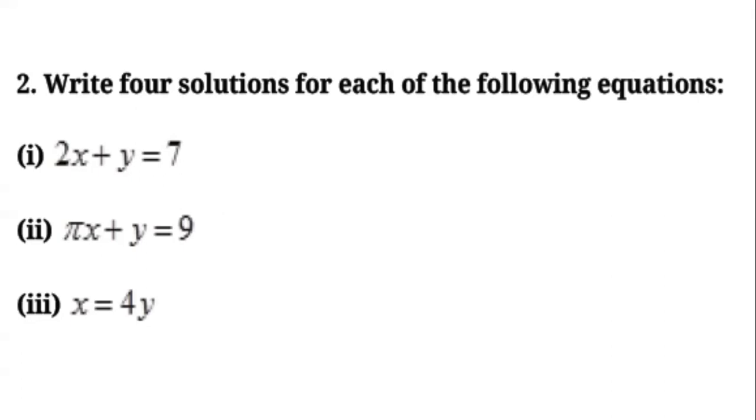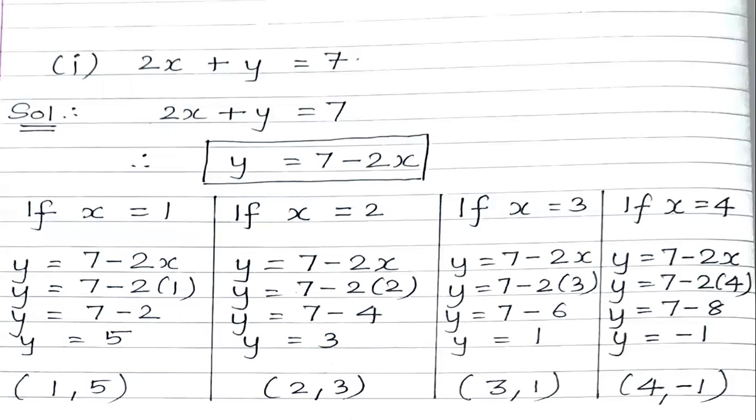If you recall what we did in the first one, we referred to those numbers as solutions, wherein if I replace the value of x, I get a value of y. A similar approach shall be followed to get the 4 solutions for the 3 given equations. The first equation is 2x plus y is equal to 7.